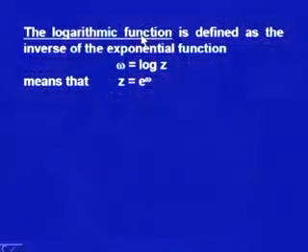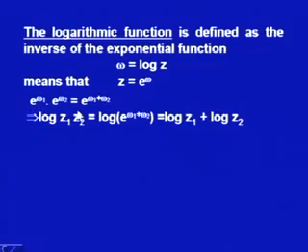Then we come to logarithmic functions. The logarithmic function is defined as the inverse of the exponential function. So we write w = log z, then z = e^w. That is how we write that the logarithmic function is the inverse of the exponential function.